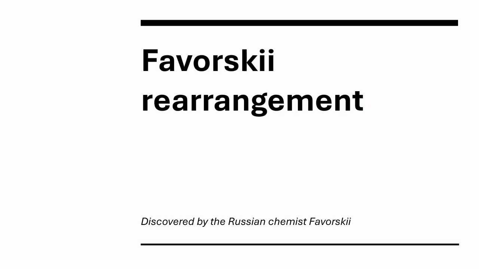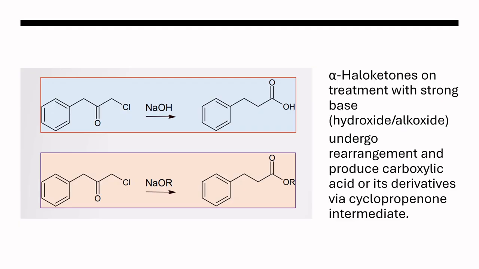It was discovered by the Russian chemist Favourski, and it involves the reaction of alpha haloketone. This is a keto group, and in the alpha position there will be a halogen.